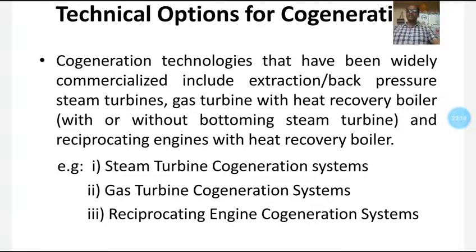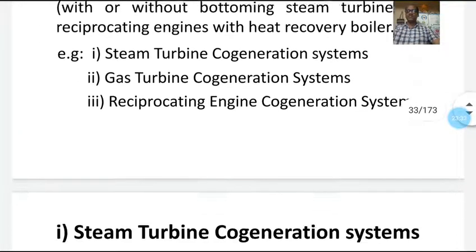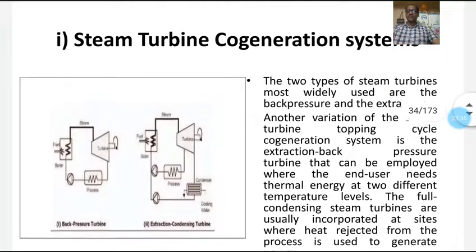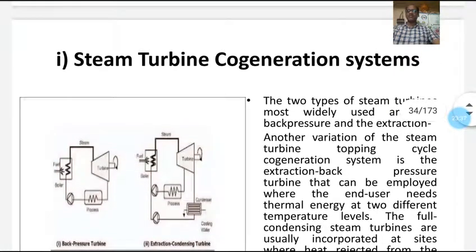Now, partial load efficiency and multi-module plant make gas engine cogeneration the most flexible cogeneration system, as we will discuss later. Clear? So, first of all, we want to discuss the steam turbine cogeneration system.